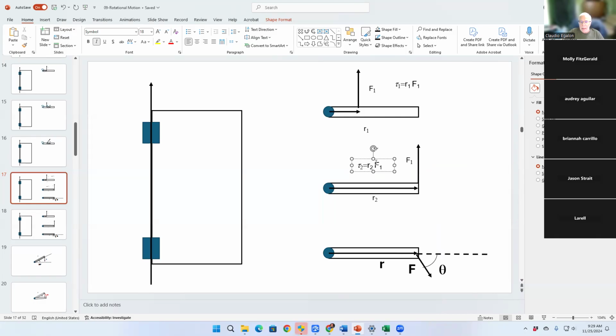Because R2 is greater than R1, I know that torque number 2 is going to be greater than torque number 1. Make sense?